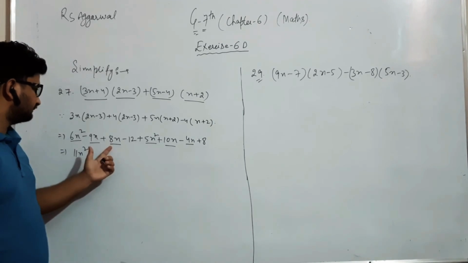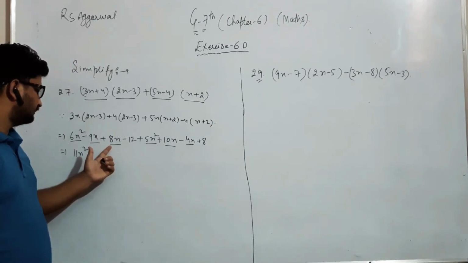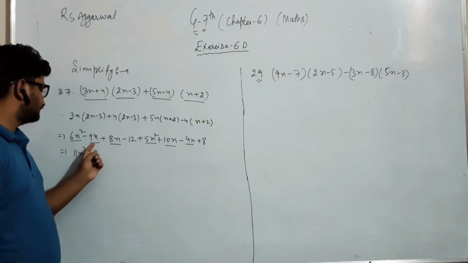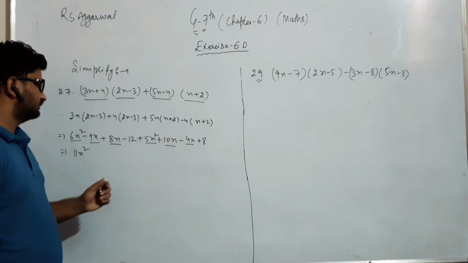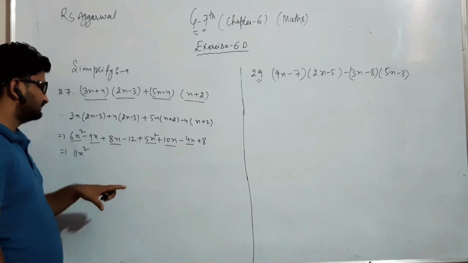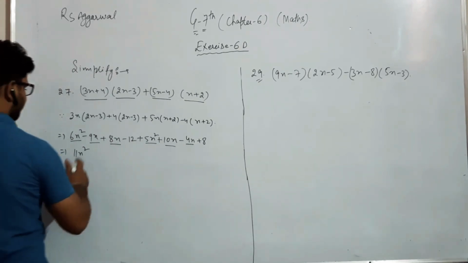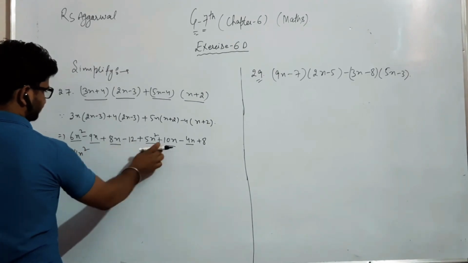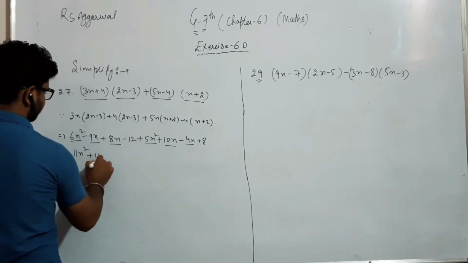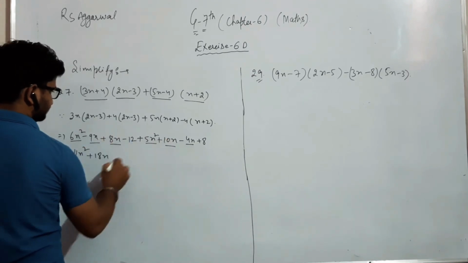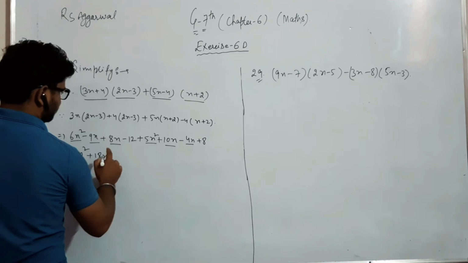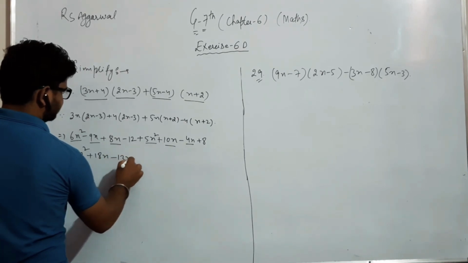So first we add the positive values of both: 10 plus 8 is 18. This is 9 plus 4, 11. So 18 minus 11. Okay. So the sign will be positive, because 10 plus 8 is 18x. So we write like that, 18x, 9 plus 4 is 13, minus 13x.